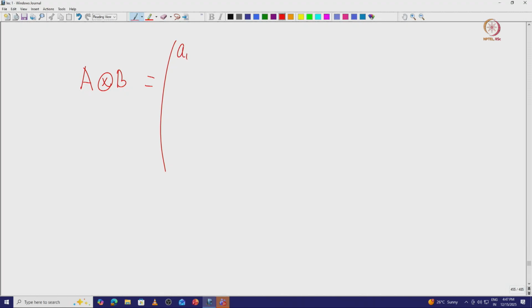You have A11 B11, etcetera, A11 B P1, and this is the first block, and then A11 B P1 etcetera A11 B 1P.